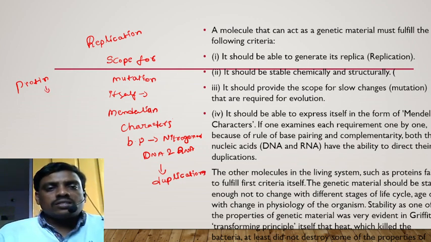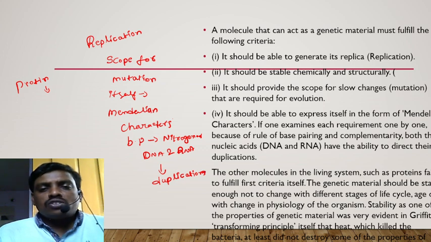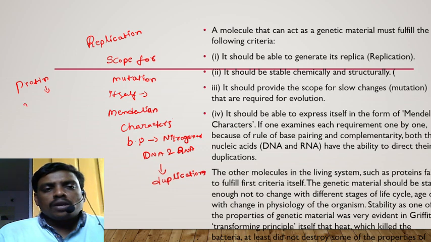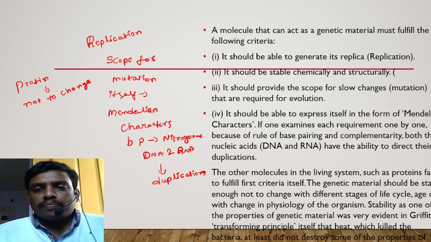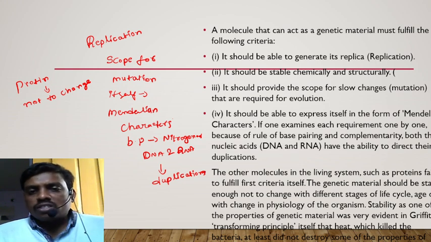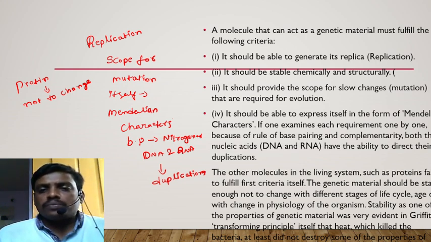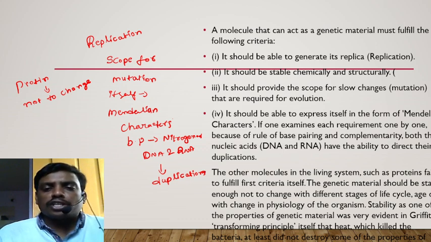The genetic material should be stable enough not to change with the different stages, or age, or with the change in the physiology of the organism. Stability is one of the properties of genetic material.